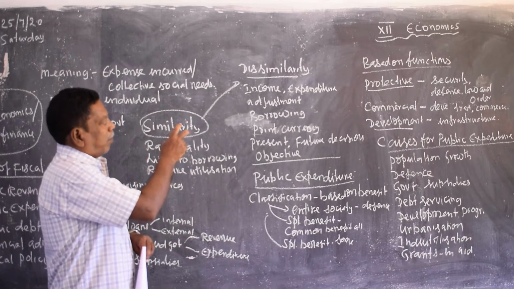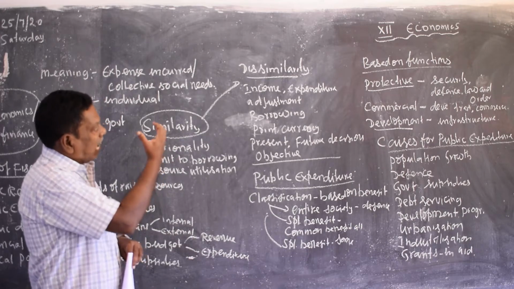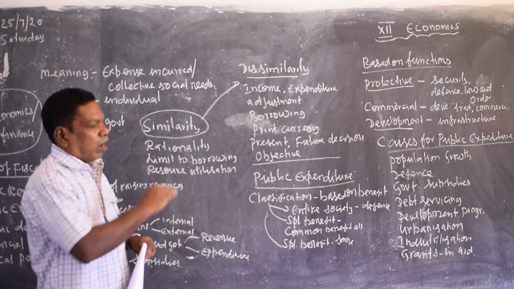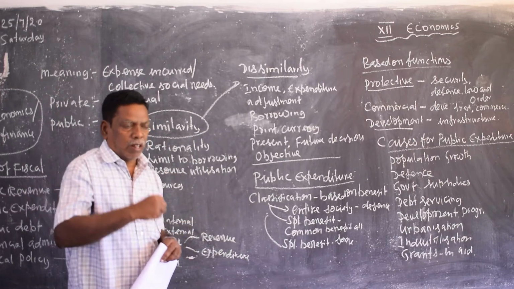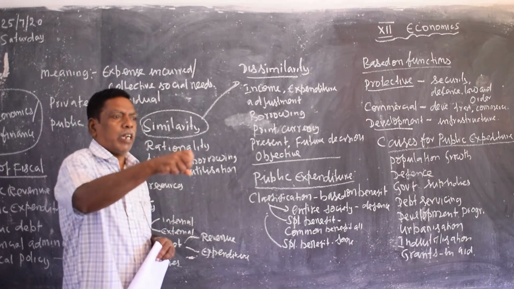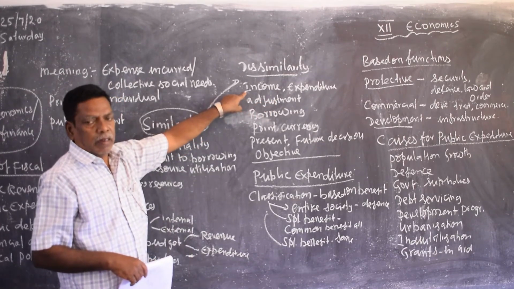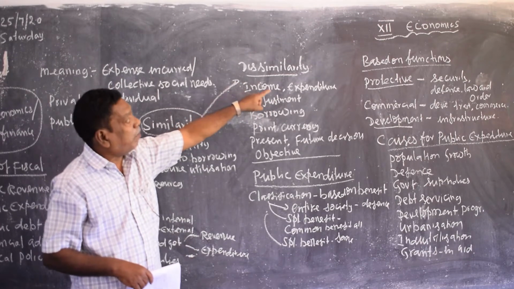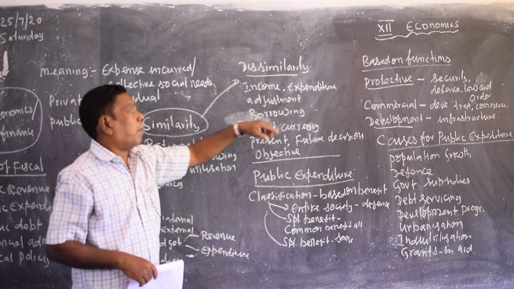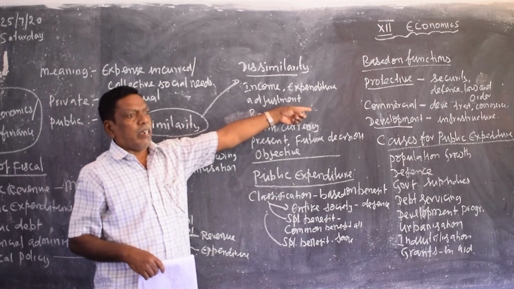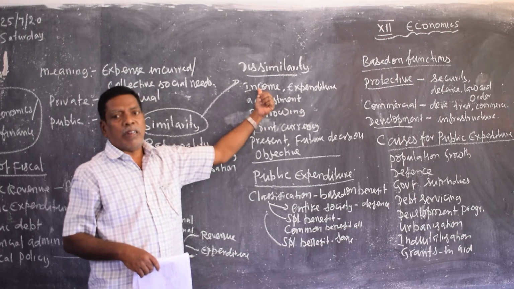Private finance people will calculate the ways and means of acquiring funds, that is the income, and what are the ways and sources they can spend upon. So private will do the adjustment of income along with expenditure, but public will estimate the expenditure, and according to the estimate of expenditure they will raise the income.